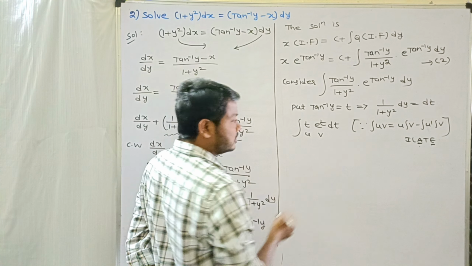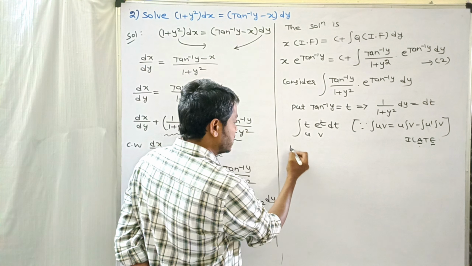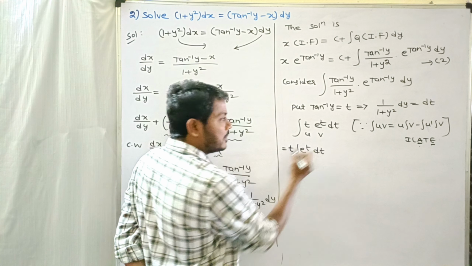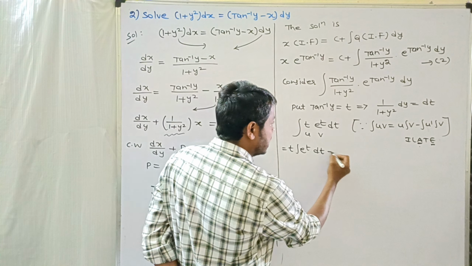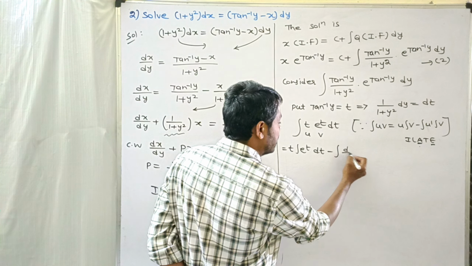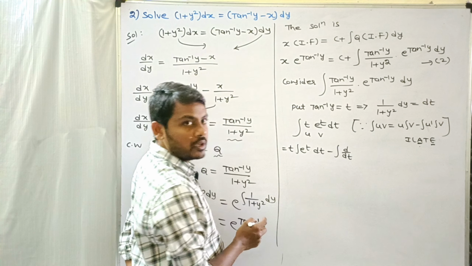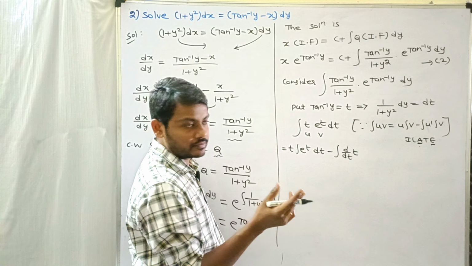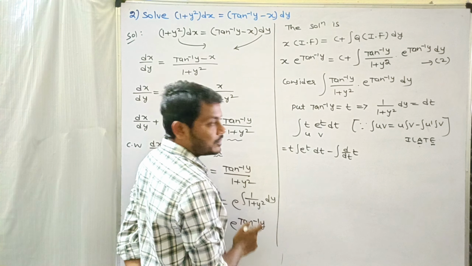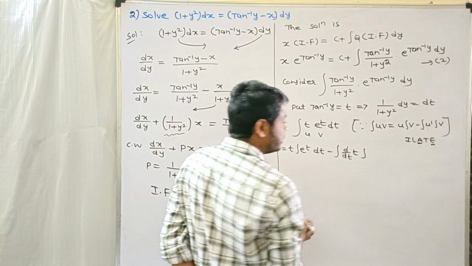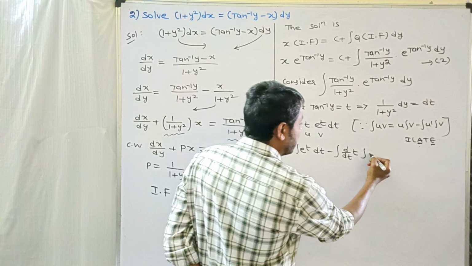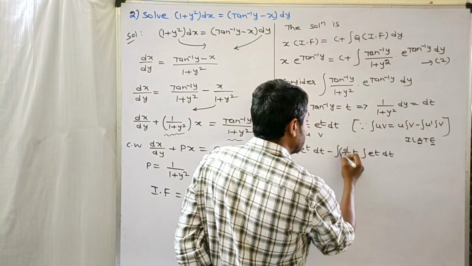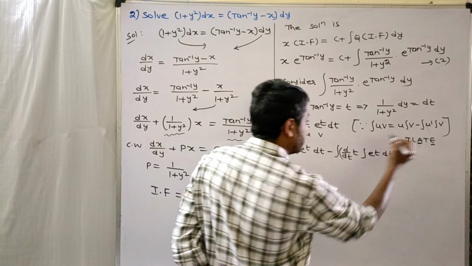So apply this formula now. u into integral e power t dt, that is t into integral e power t dt, minus integral of d by dt of u, that is t. u dash means derivative of u, that is d by dt of t, times integral e power t dt, whole dt.